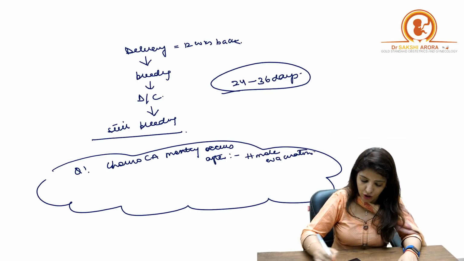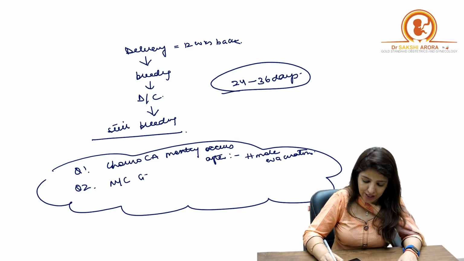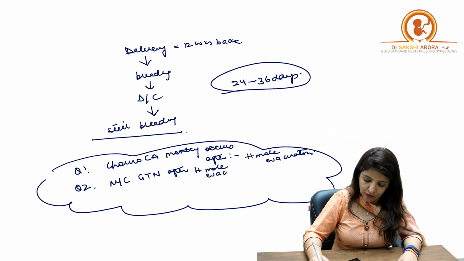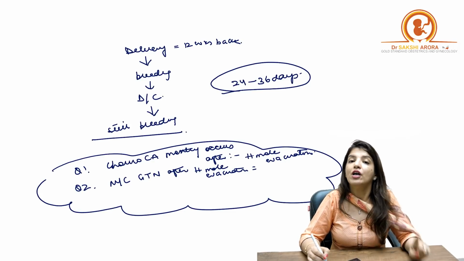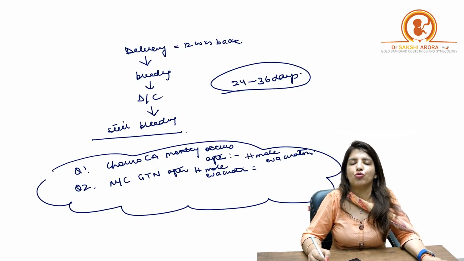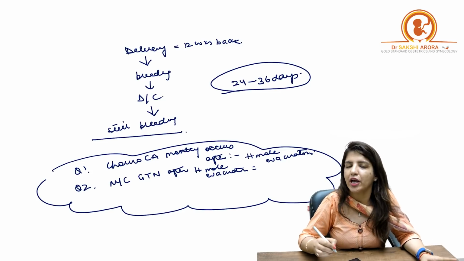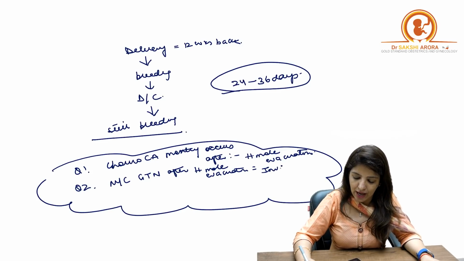But if your question is the most common gestational trophoblastic neoplasia after H-mole evacuation, then your answer will not be choriocarcinoma. The most common gestational trophoblastic neoplasia after H-mole evacuation is invasive mole.